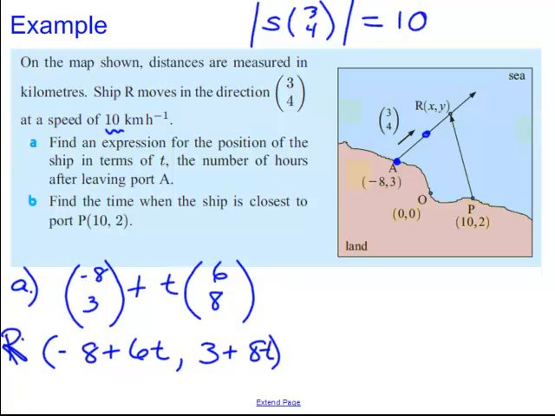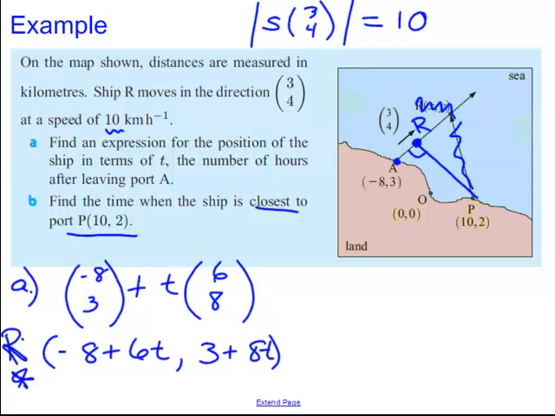If I want it to be the closest to port P, maybe I need to move this dot just a little bit. I need to make sure it is perpendicular. So therefore, this is my R value, not up here. My R value is down here. It's (-8 plus 6t, 3 plus 8t). That's the location of it.